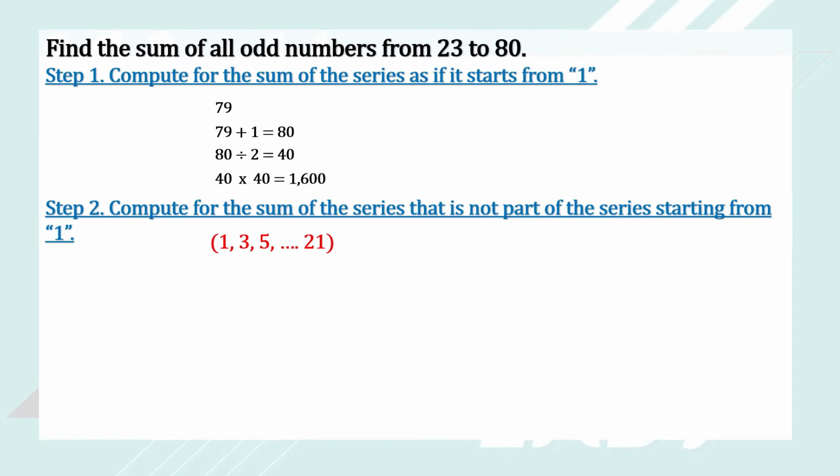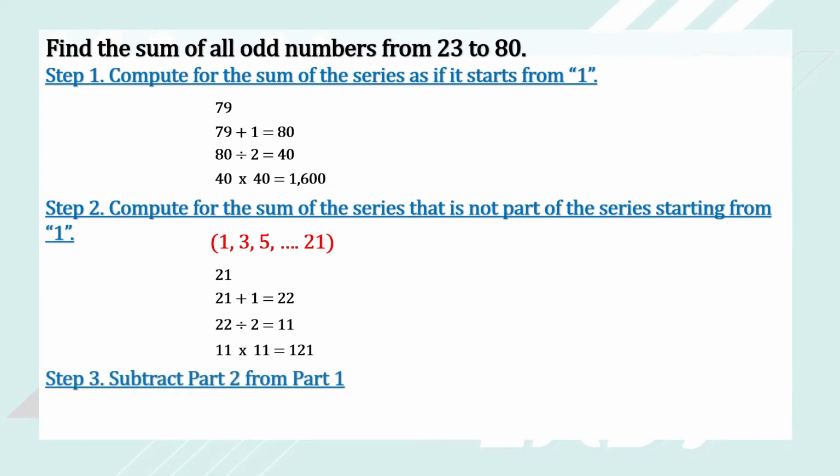So, kukumputin natin yung sum nito using the same steps as the previous example. So, ang last odd number natin is 21. We add 1 is equal to 22. 22 divided by 2 is 11. 11 multiplied by 11 is 121. Ang step 3 natin ngayon, subtract part 2 from part 1.